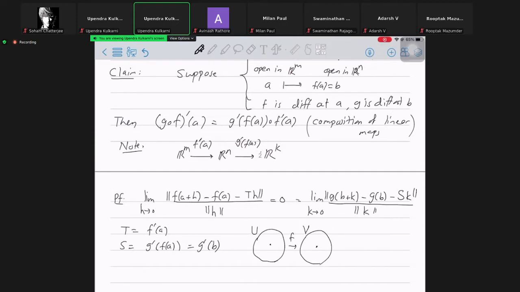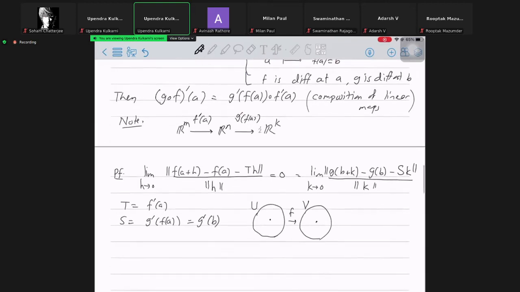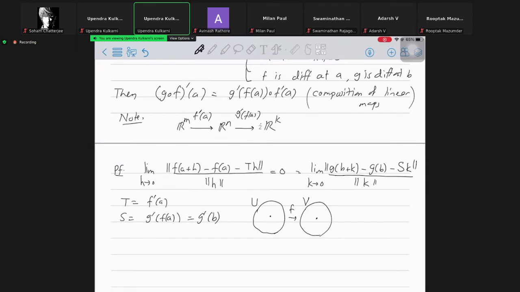So remember we had these remainder terms. Let me follow what I had last. So first just notation. So alpha of h is the term at the top, which is f of a plus h minus f of a minus p of h.